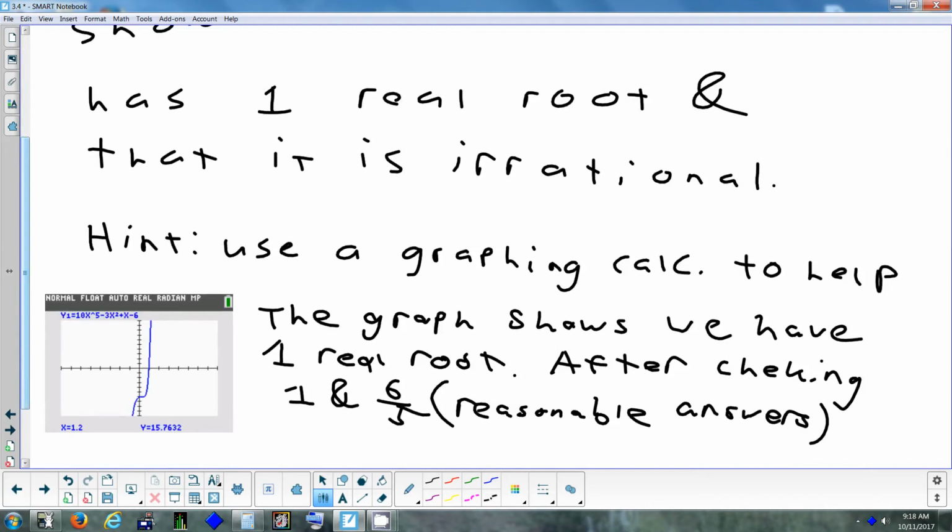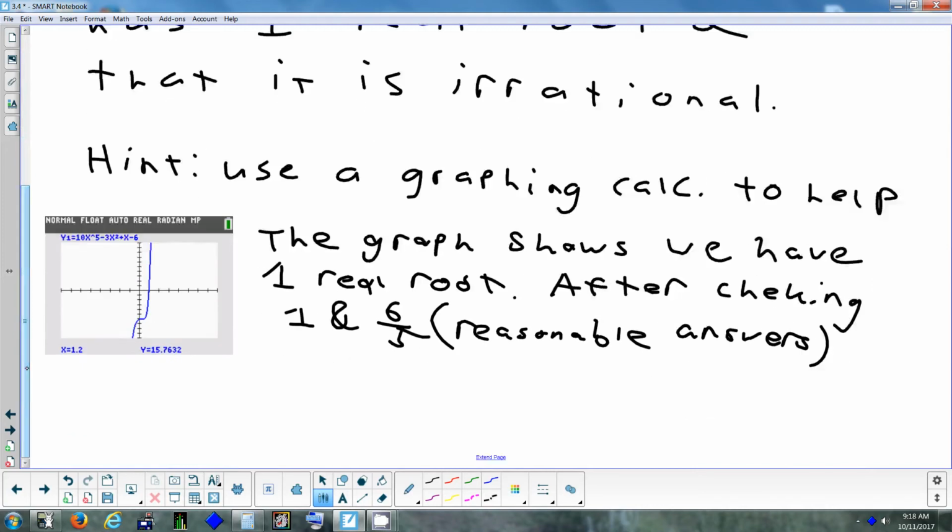After checking the reasonable answers, neither one of them was a root. And if that number right here is something other than all the numbers in the list we just had, then it has to be irrational. Because we wrote down every rational one, and they didn't work.